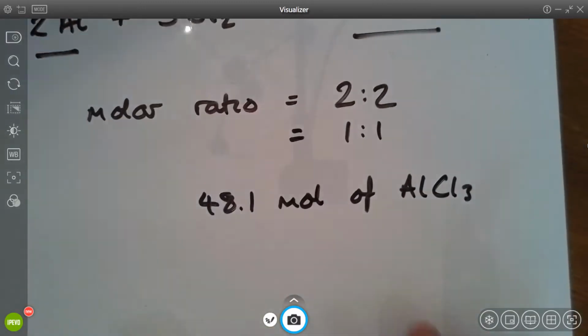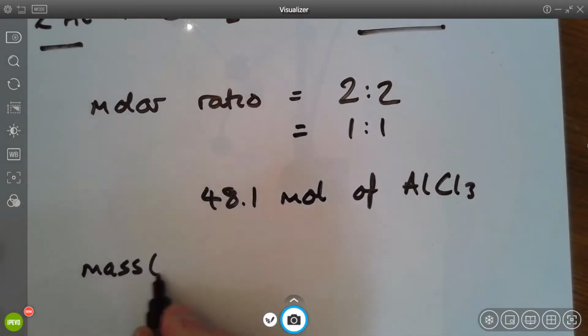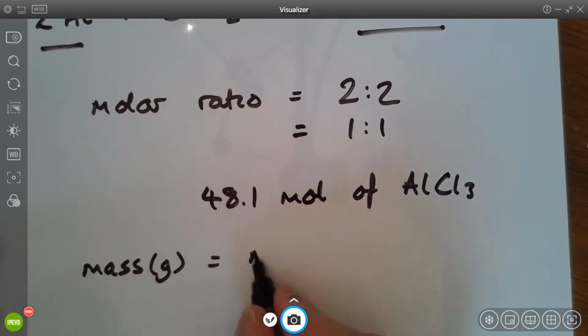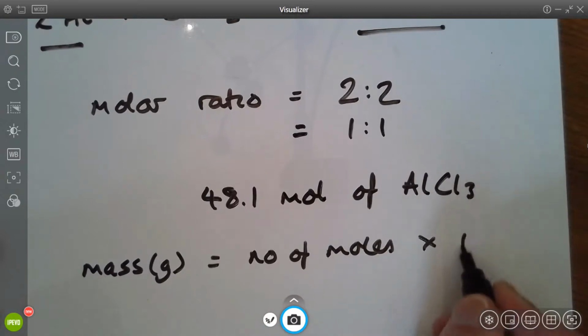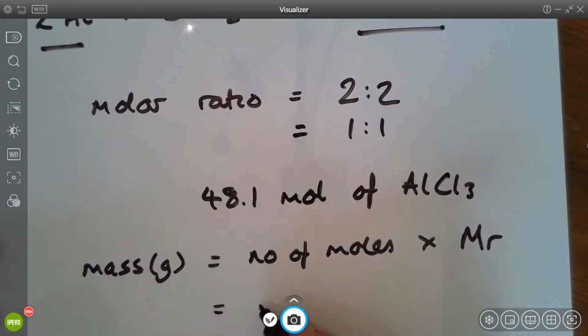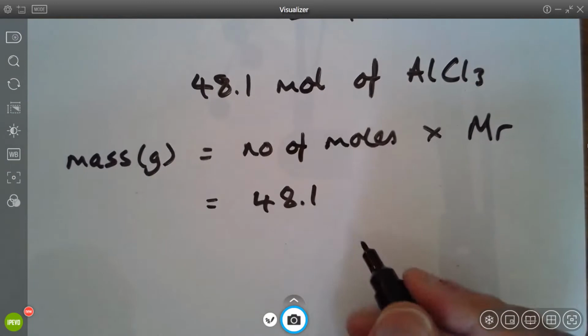The question was how much mass will be produced? Well, the mass in grams is the number of moles times by the relative molecular mass. We know the number of moles, 48.1. We calculated the relative molecular mass already.